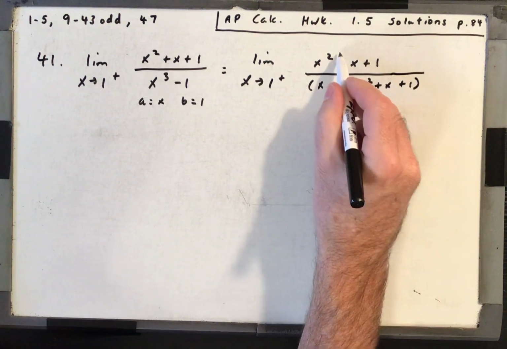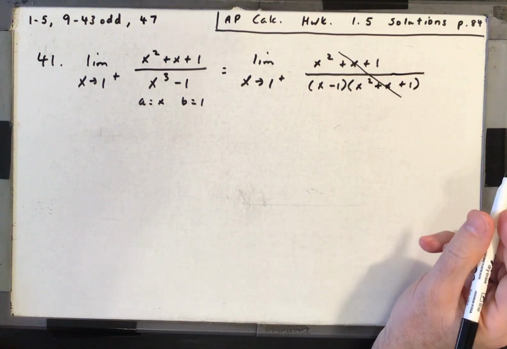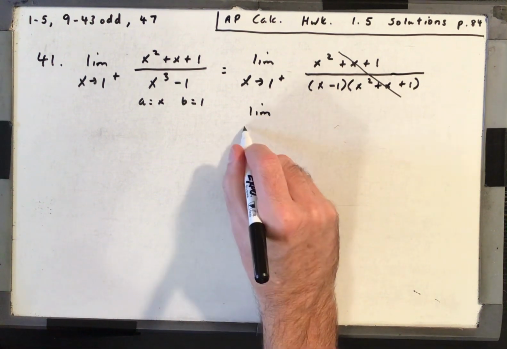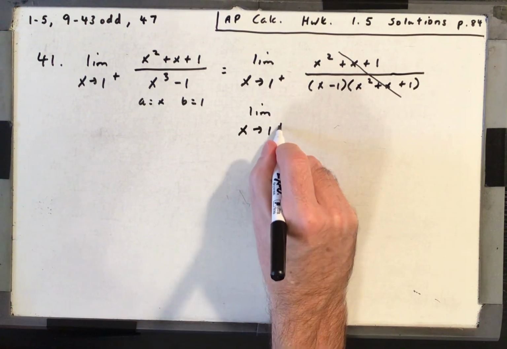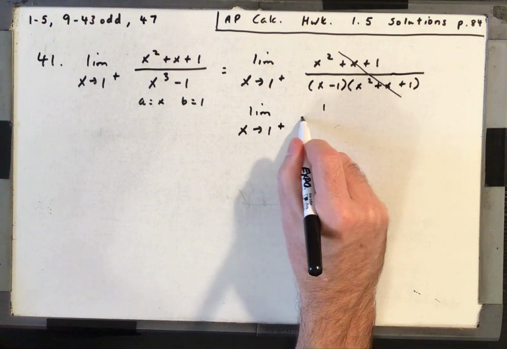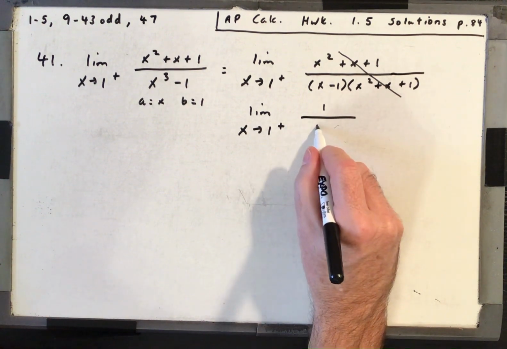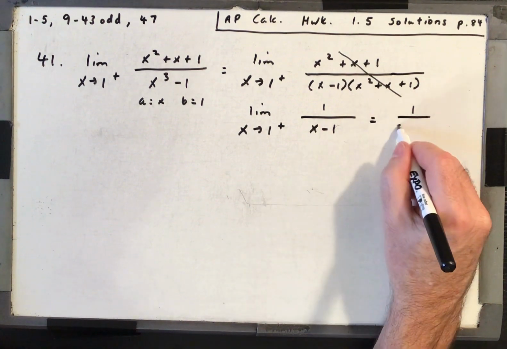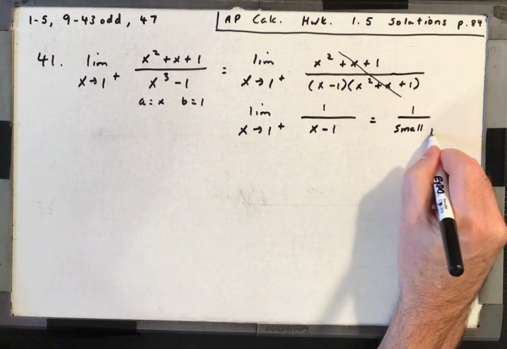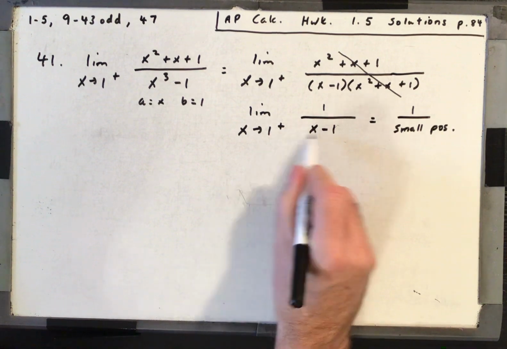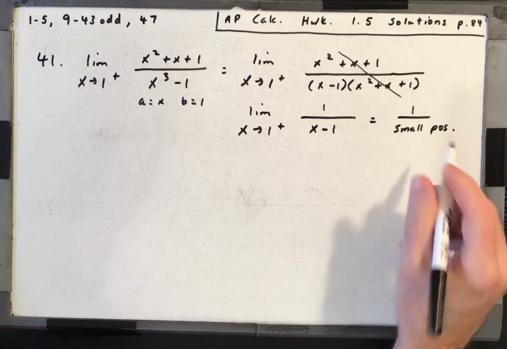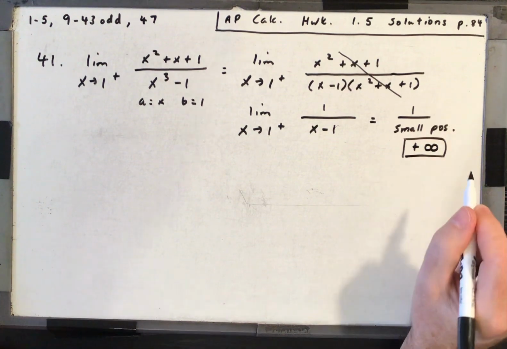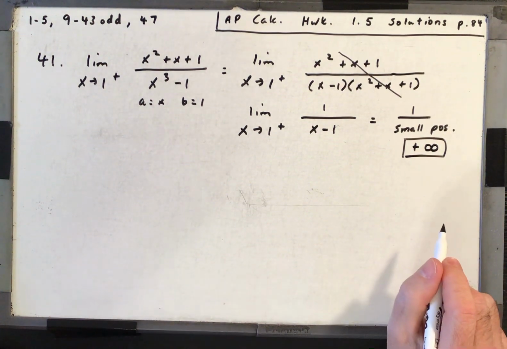So that will cancel. Okay, so you end up with the limit as x approaches 1 from the right of 1 over x minus 1. So that's 1 over a small positive, right? A little bit bigger than 1. So that would be positive infinity. All right, lovely.